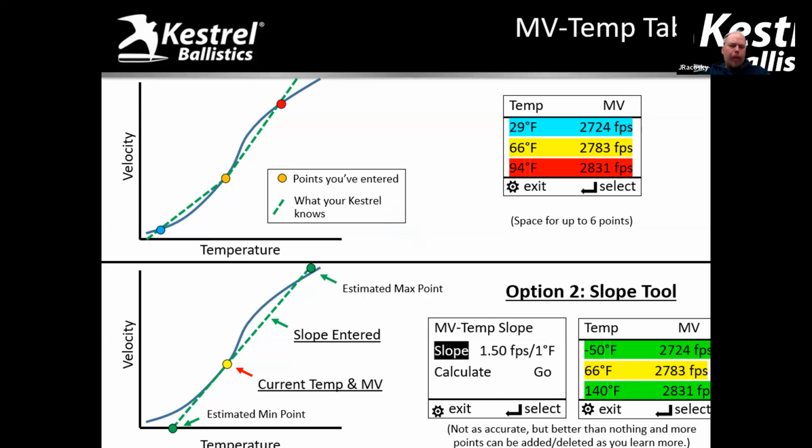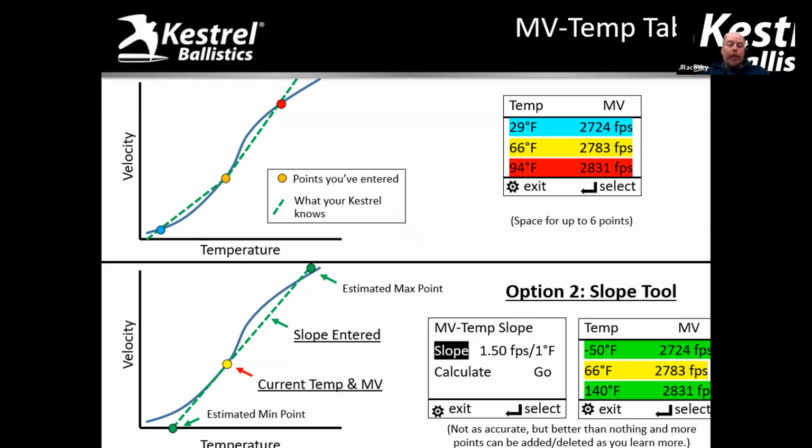So you would go into your slope and say, you know that it's 1.5 feet per second per degree Fahrenheit. I'm going to put that in, and then I'm going to hit calculate, go. Now, bear in mind, when you go back to the MV temp table, the middle point is the 66 that you see in yellow.